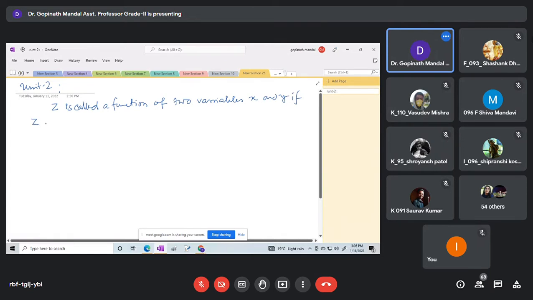Suppose z has one definite value for every pair of values of x and y, then z is called a function of two variables. Symbolically, z can be written as z is a function of x, y.